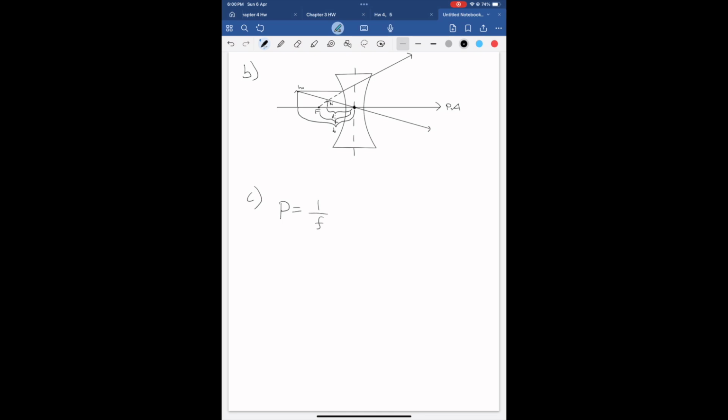We know the focal length for this problem is 5 meters, so we can just write 1 over 5 meters, and that will equal 0.2, and then our units, which is the inverse of meters.